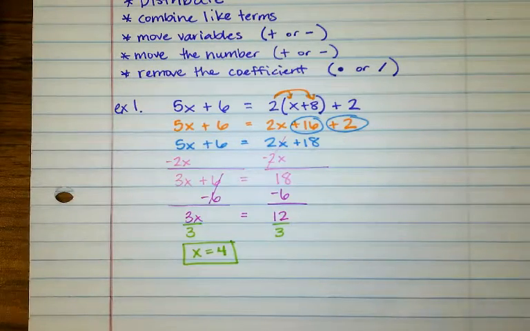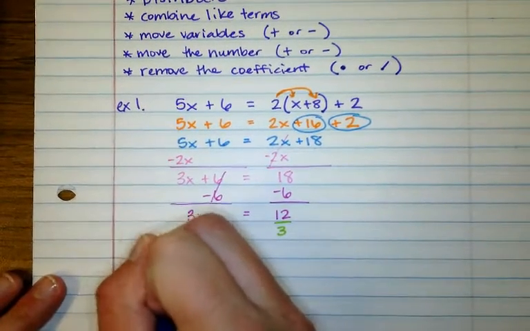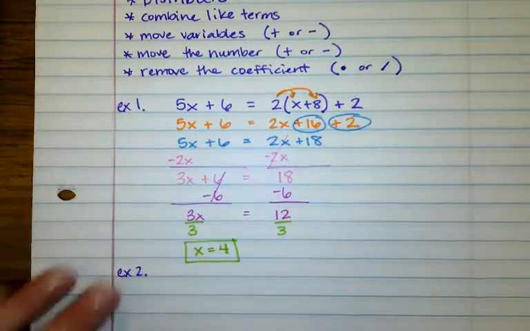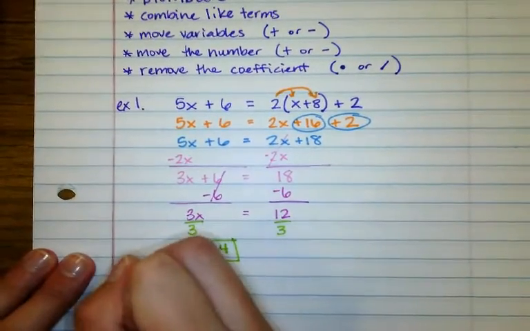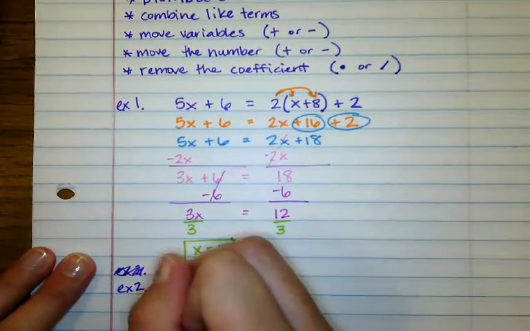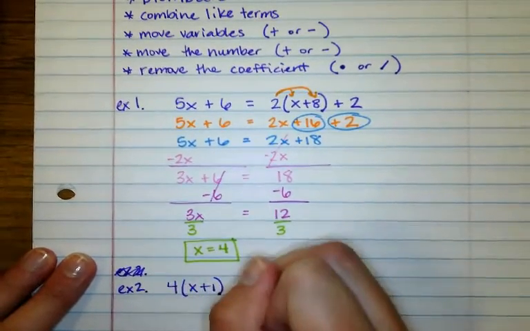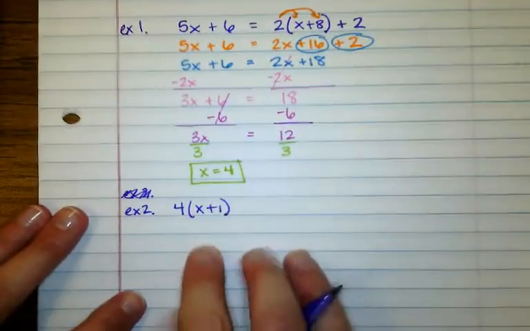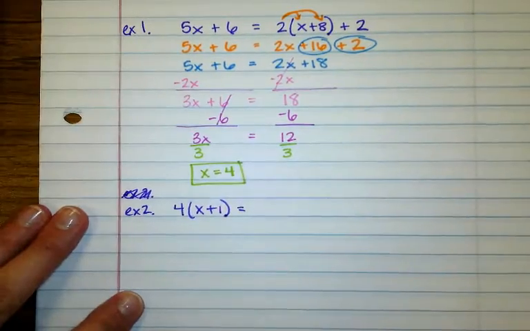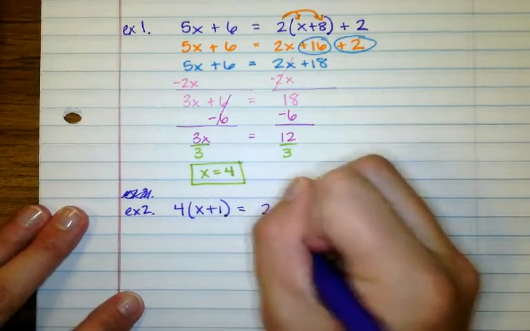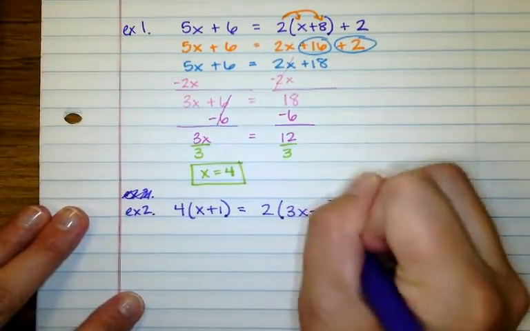All right, let's look at example 2 here. All right, so now, I'm going to give us one more space. Example 2. We are going to do 4 times x plus 1, or parentheses, x plus 1, is equal to 2, parentheses, 3x minus 5.